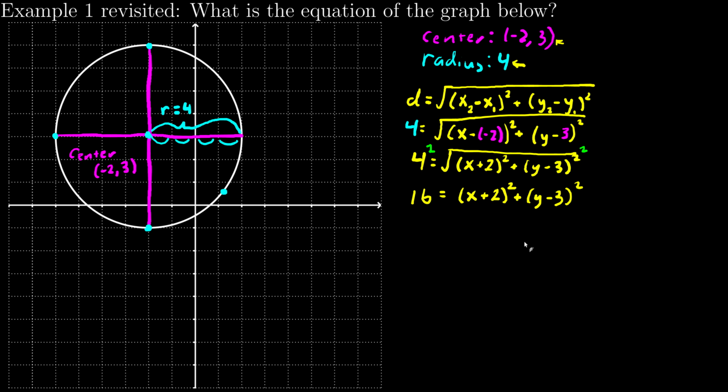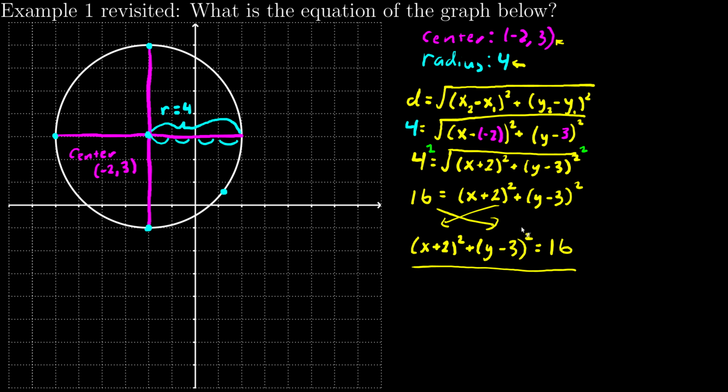And generally, when I see the equations of circles written, I see them in the other order. I see this distance squared over here. I see the squares of the differences of the coordinates on this side. So I would write this as x plus 2 squared plus y minus 3 squared equals 16.